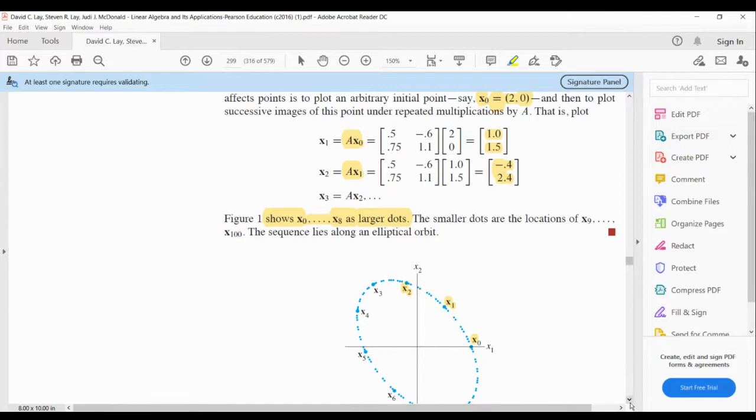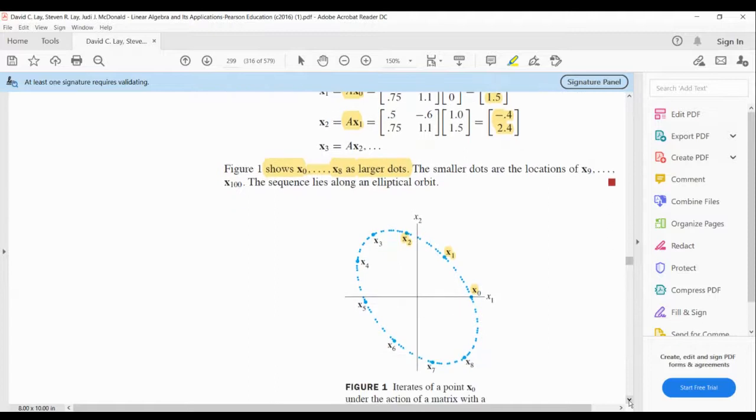So it turns out that the act of multiplying the vector by the matrix A is a rotation. Every time you multiply a vector by A, you rotate the point, and you get this ellipse, this elliptical shape.